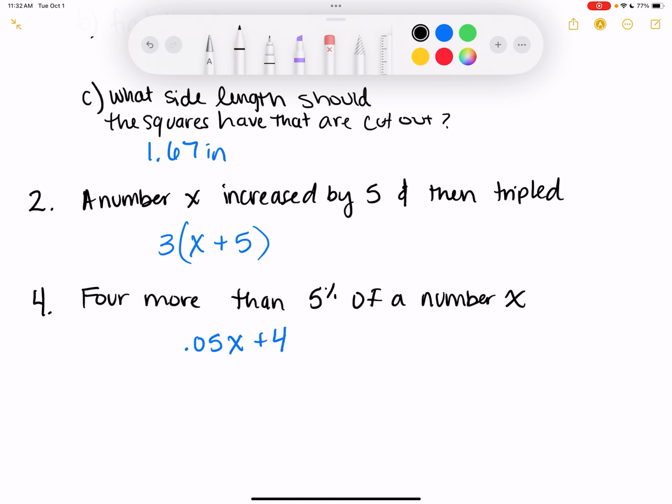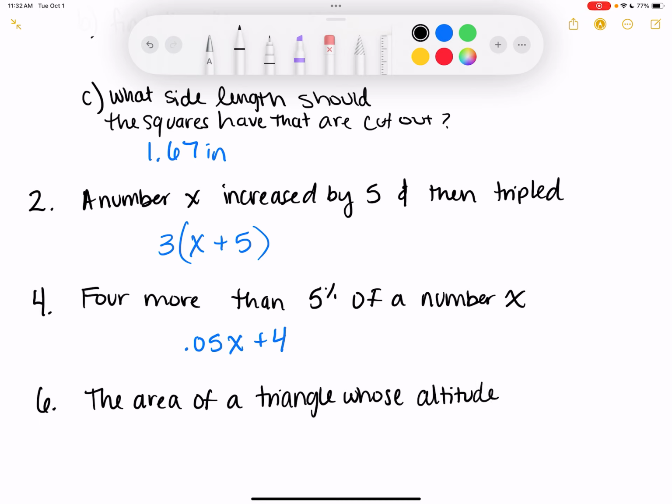6 is the area of a triangle whose altitude is 2 more than the base length x.